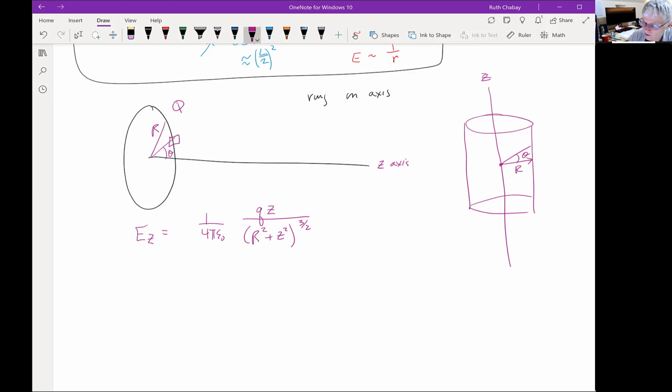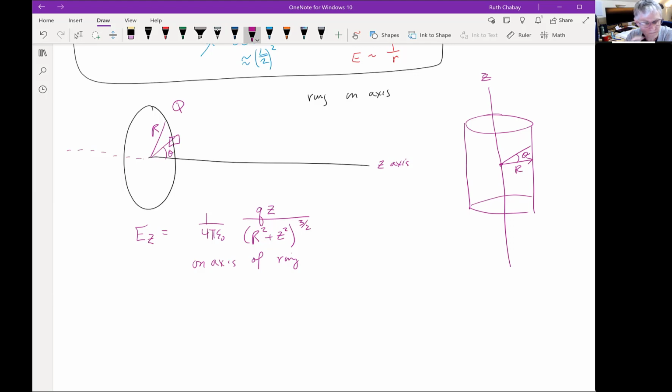And so on axis of the ring, this actually is kind of an interesting distance dependence. Since it's a ring, the field has to change direction. So it's got to point the other way there. So it needs to go to 0 at the center, which it actually does if z is 0.